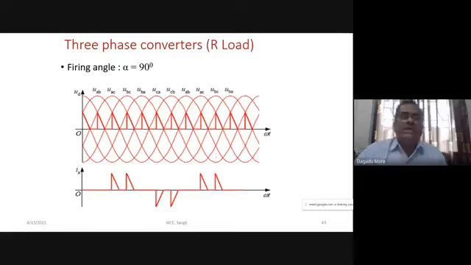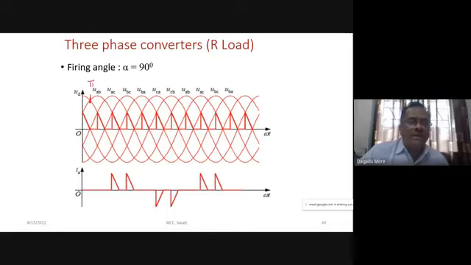The harmonic spectrum remains the same, but THD will be higher. When you get alpha greater than 60 degrees, this is our crossing point. Here it is alpha equal to 0 position for T1. Then we have 60 plus 30, so this is 90 degrees, and from 90 to 120 it will conduct.